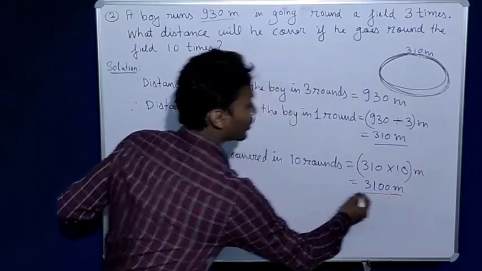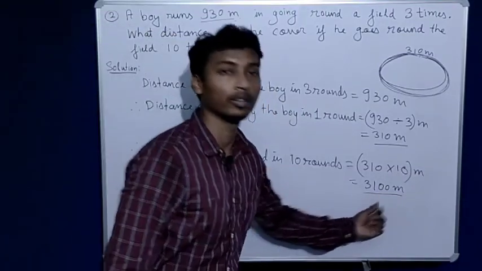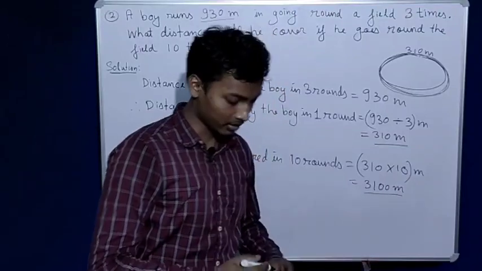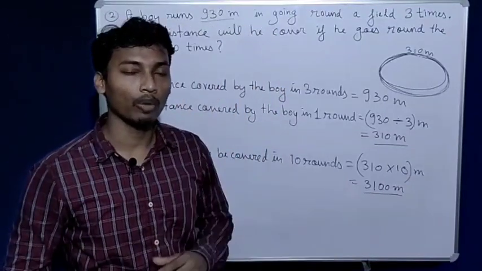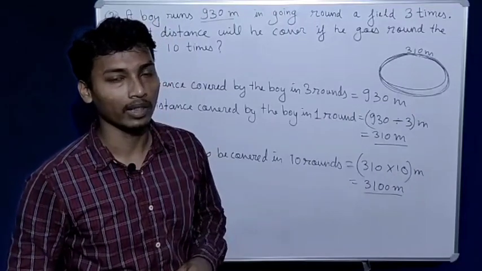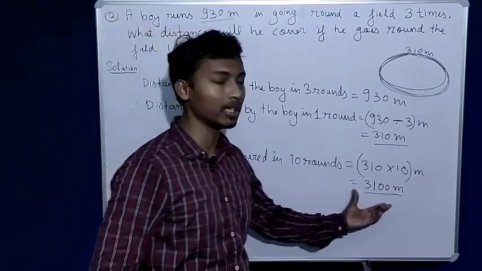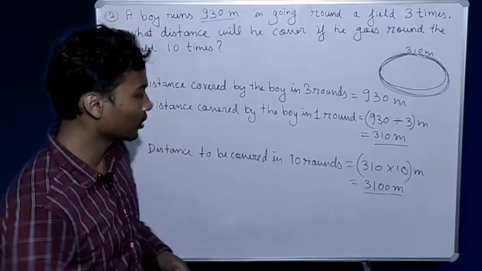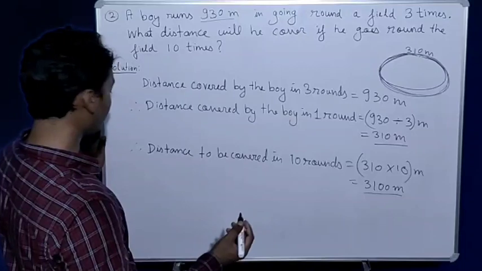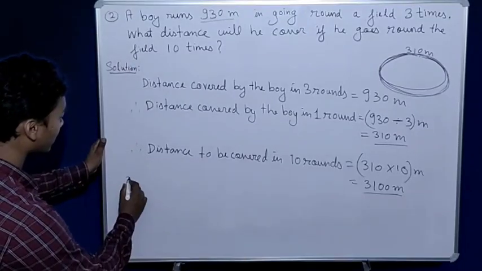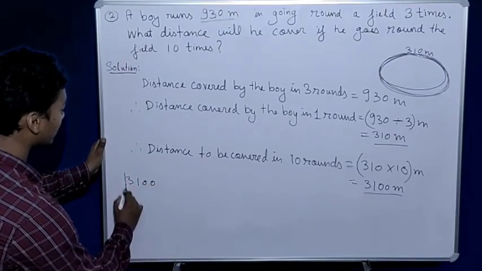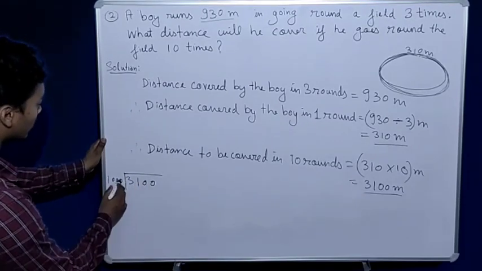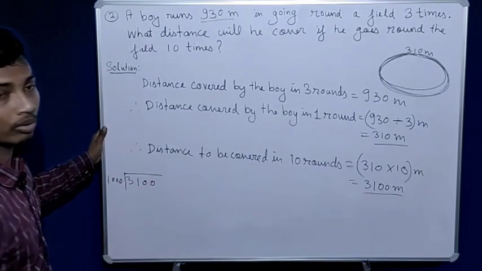Clear? So this is the required answer. But if you observe, it is written 3100 meter. Now for being 1 kilometer we require 1000 meter. So it means here we have 3100 meter. We can convert this into kilometer, right? So let's divide 3100 by 1000 in order to change it into kilometer.